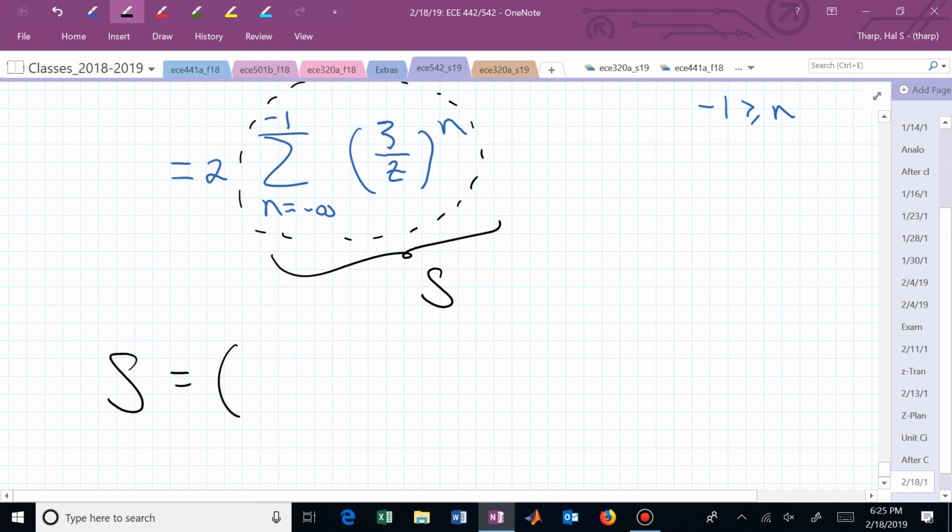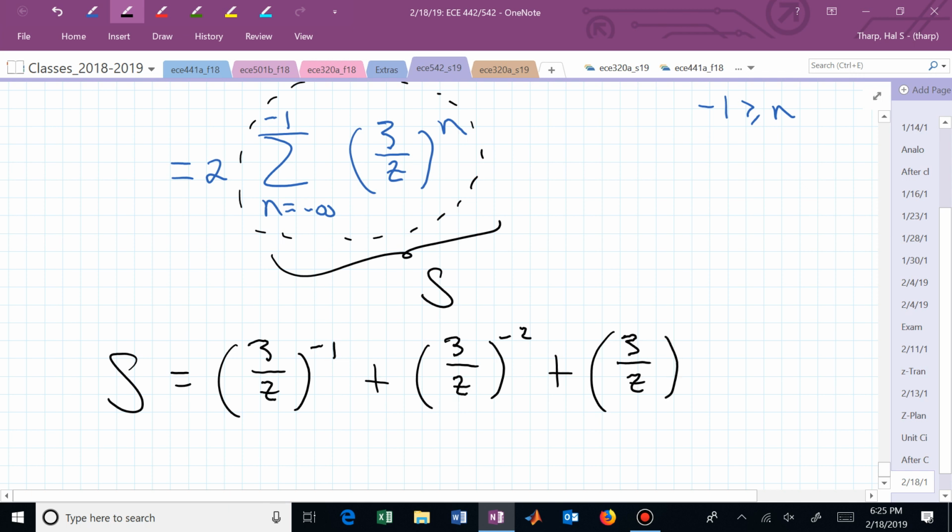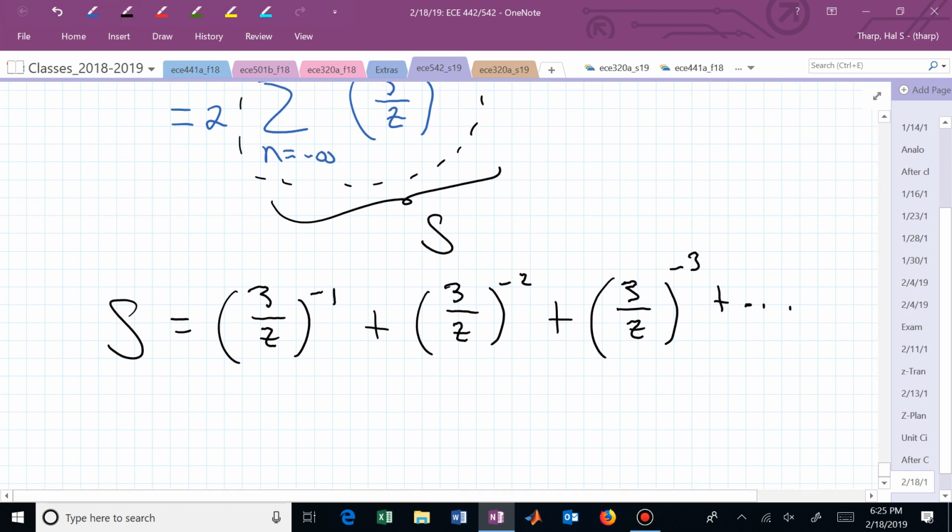S is now 3 over z to the minus 1 plus 3 over z to the minus 2 plus 3 over z to the minus 3, etc., all the way to minus infinity. When is that tail going to behave?